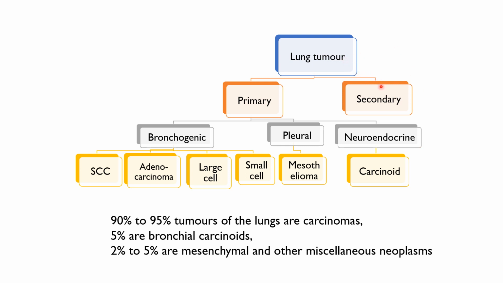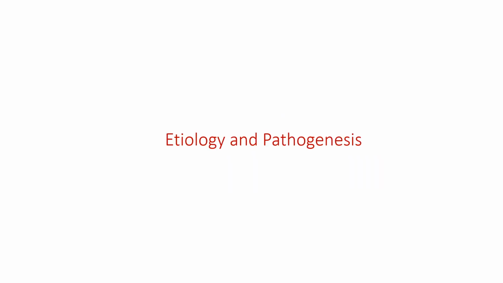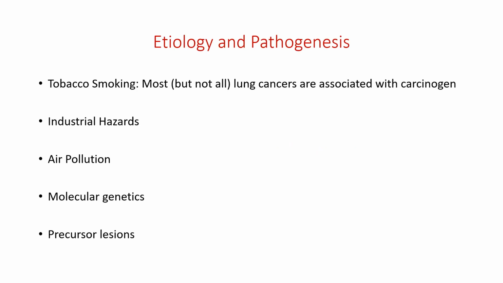And there are also a lot of secondary or metastatic tumors that can occur in the lung. Now we look at the etiology and pathogenesis of the neoplasm of the lung. We will look into tobacco smoking, industrial hazards, air pollution, some molecular genetics, and precursor lesions of neoplasm of the lung.